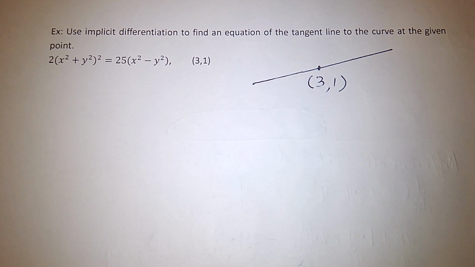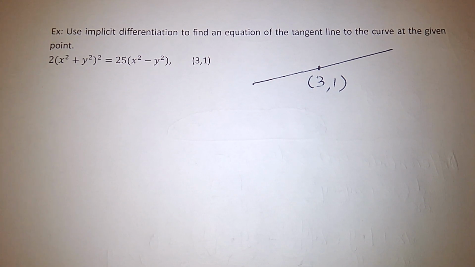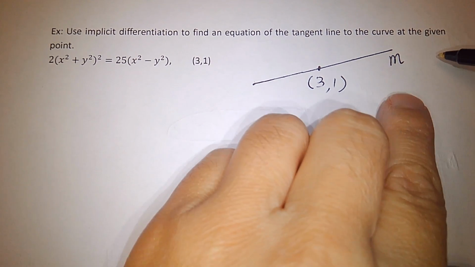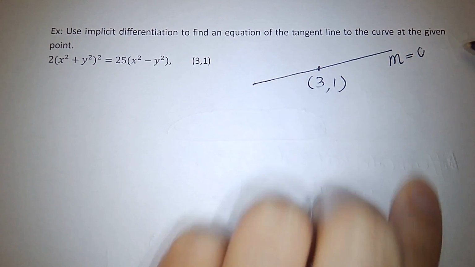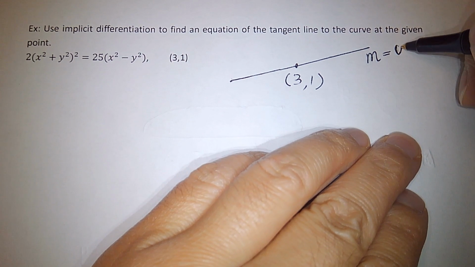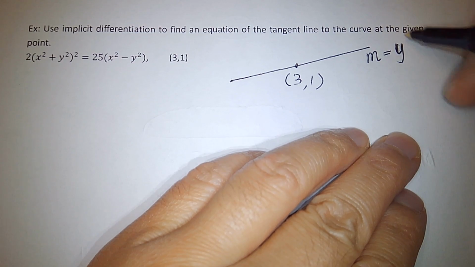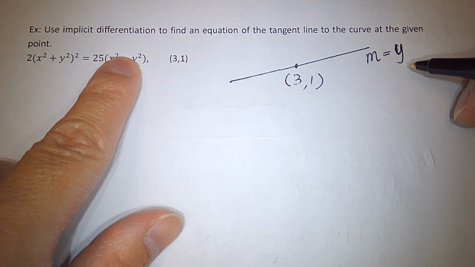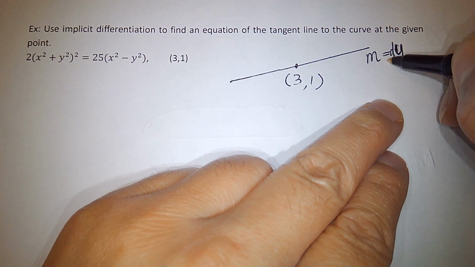The other key for us is to know what? Slope of the line, right? So once we know the slope and the point, we can use point slope form to write it down: y minus b equals f prime of a times x minus a. Remember that? To find the slope of this straight line, we know it equals the derivative, y prime or f prime, or in this question, since y is implicitly a function of x, dy over dx.